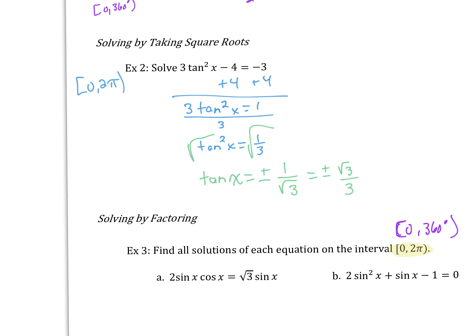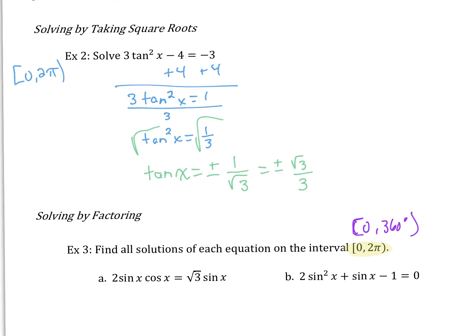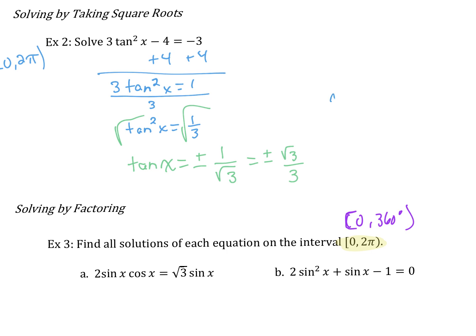So where are tangent values equal to the square root of 3 over 3 in radians? Pi over 6. Yep, keep going. Pi over 6, 5 pi over 6, 7 pi over 6, and 11 pi over 6.